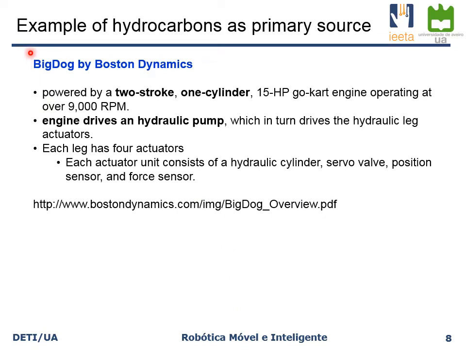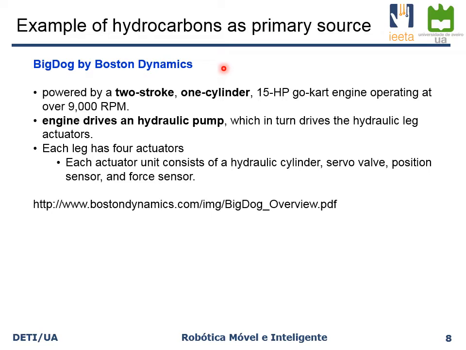A good example of hydrocarbons as primary source of energy, as we just talked about in the previous slide, is a well-known robot called Big Dog by Boston Dynamics. And probably most of you already heard about Boston Dynamics. There are a lot of very interesting mobile robots, normally using not wheels but legs, developed by Boston Dynamics, some of them resembling humans.